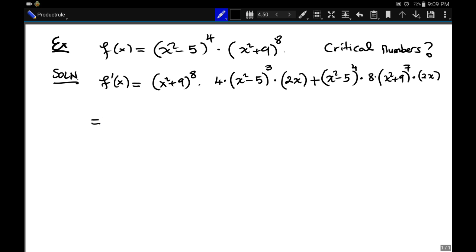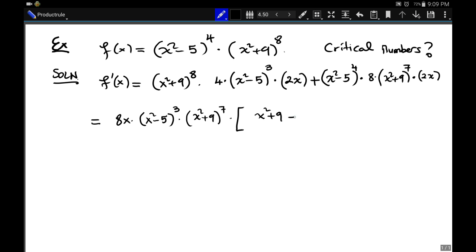So you can write this with a common factor. The common factor is 8x first of all. Another common factor is (x squared minus 5) to the power 3. Another common factor is (x squared plus 9) to the power 7. What is left is, from here, we are left with x squared plus 9, and there is nothing else.